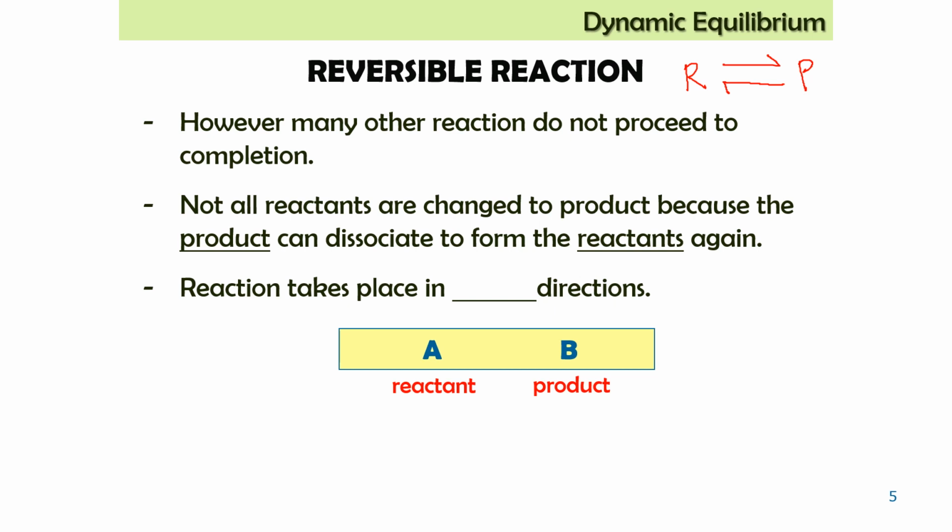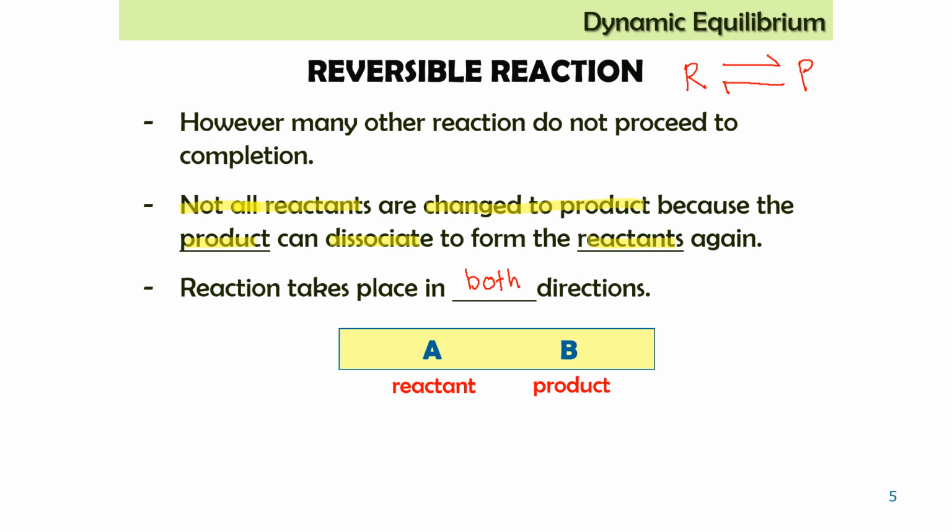Okay, so you can see here, not all of the reactants are changed to product because product can dissociate back to form the reactant. So means this reaction will take place in both direction.